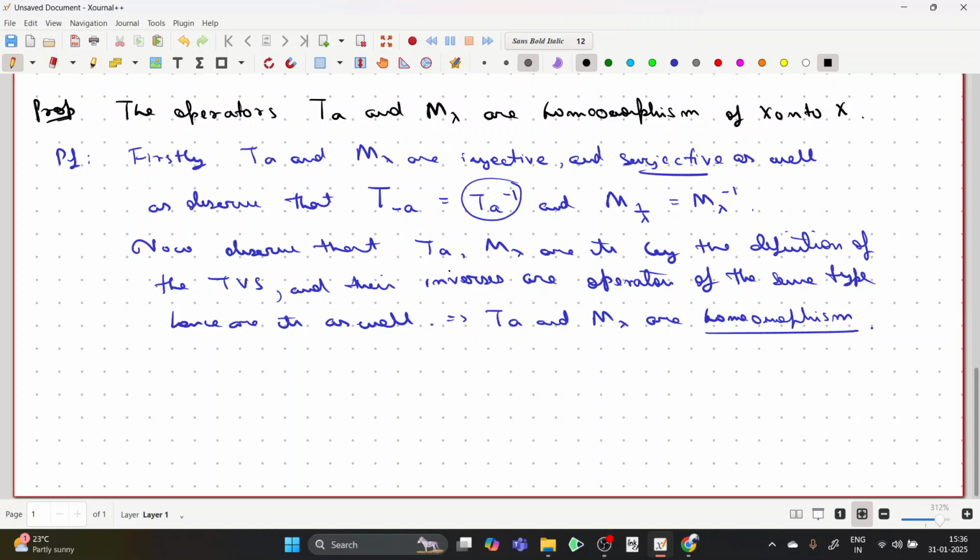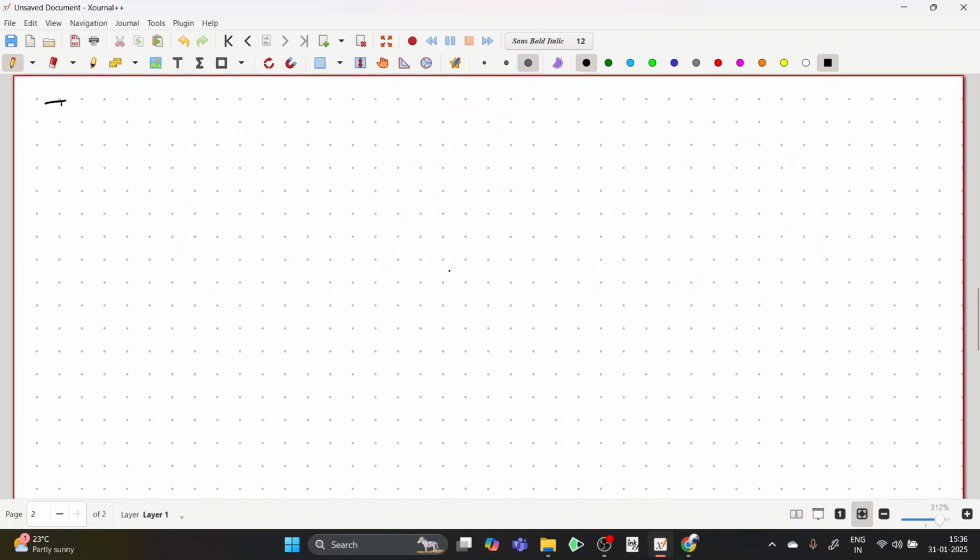Okay, let me add a page. Thus, we have established topological equivalence between the open sets of X with itself under the translational map as well as under the multiplication by scalar map, right? Therefore, if I take any open set from X, then via the translational map, which came out to be a homeomorphism, E in X is open if and only if A plus E is open in X, right?